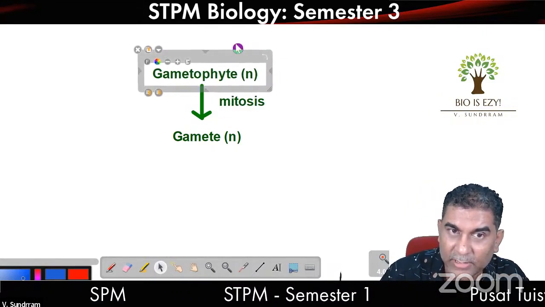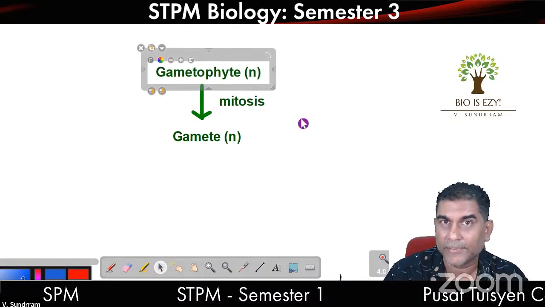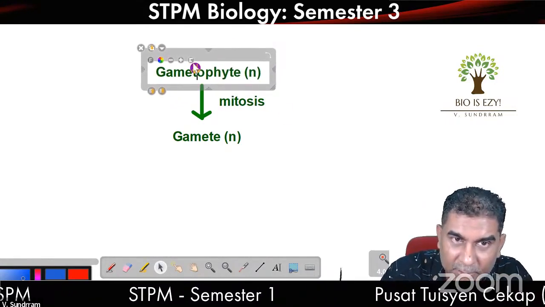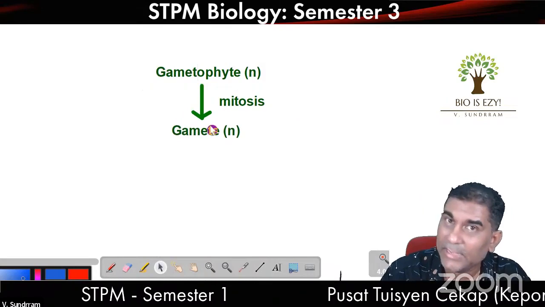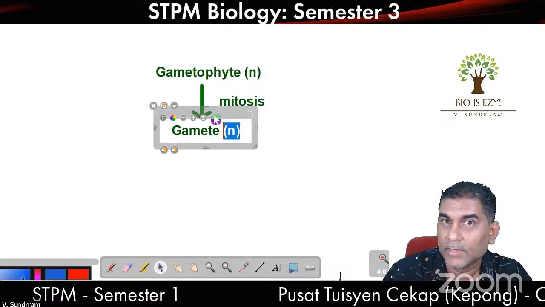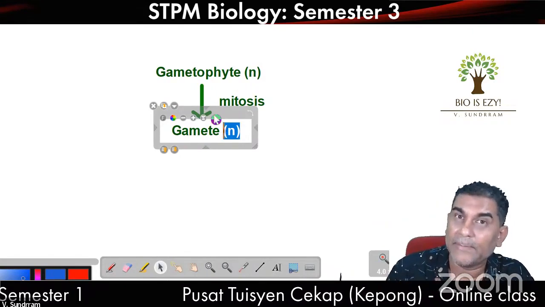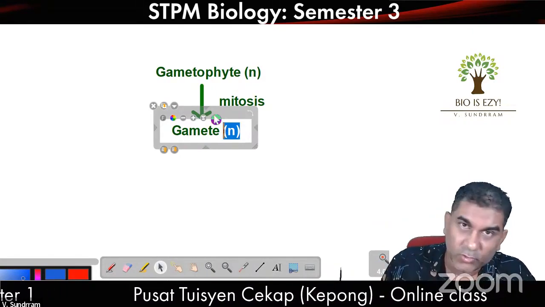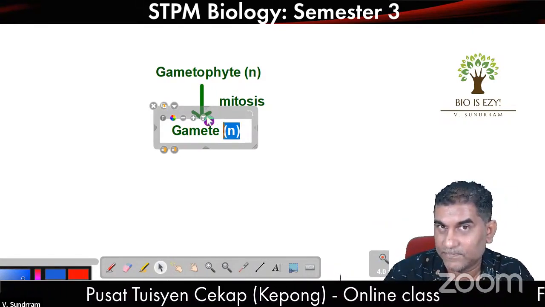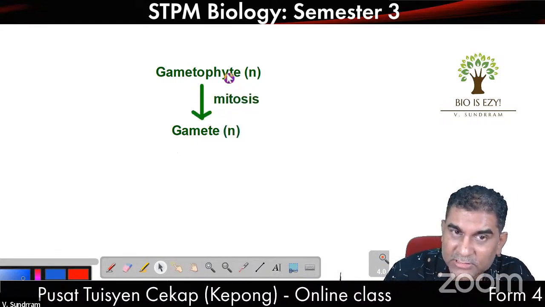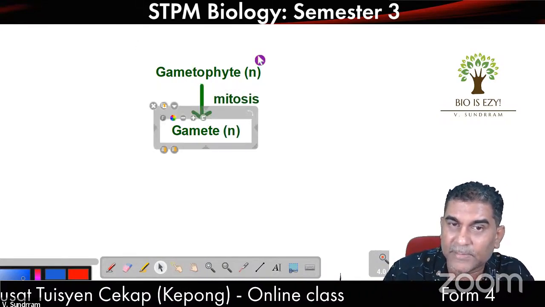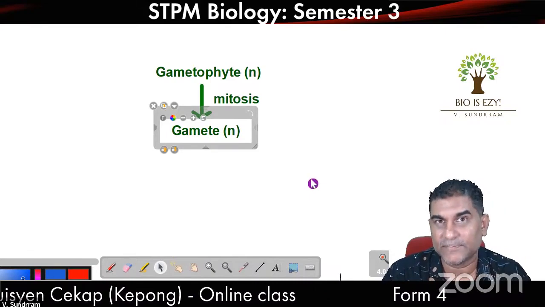So this is how I remember gametophyte. I know gametophyte forms gamete, and I know gamete is haploid. The one extra thing I remember: plants make gamete, not like animals. We do meiosis, they do mitosis. If mitosis, the parent and the offspring must be the same genetic content.